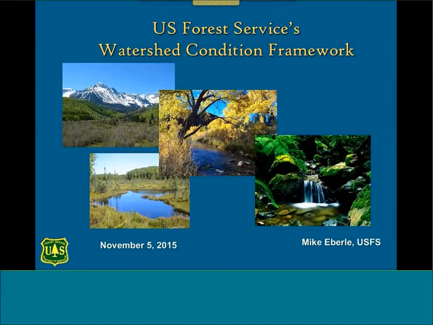A big part of the Watershed Condition Framework is the interaction it allows the individual forests to have with partners in their area, and when they can look at watersheds or subwatersheds on a map and take a look at the resources involved, it just makes the communication aspect of it much cleaner and much easier. So they're all speaking the same language.